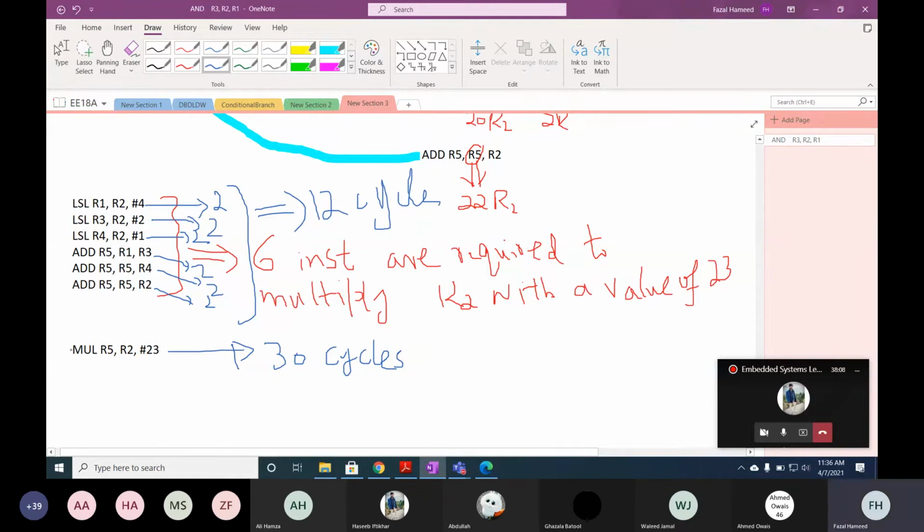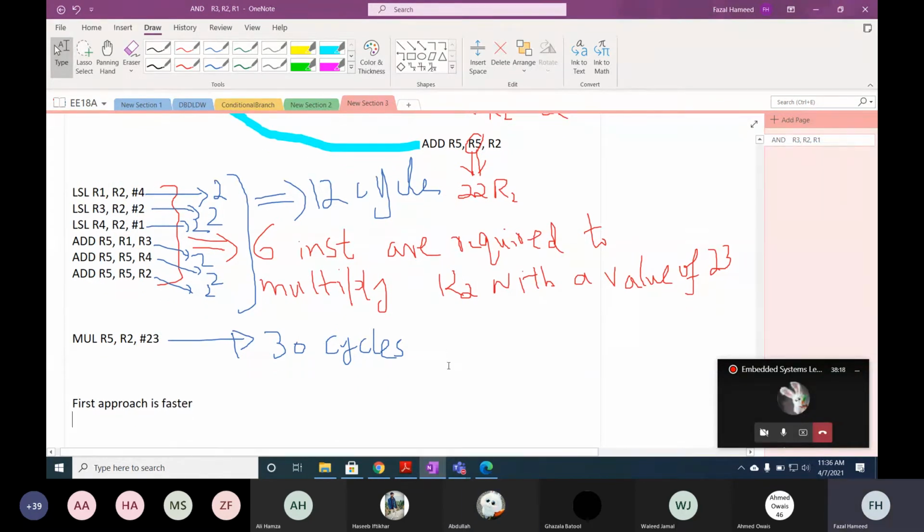The first approach is faster, the second approach is slower. The first approach required 12 cycles.